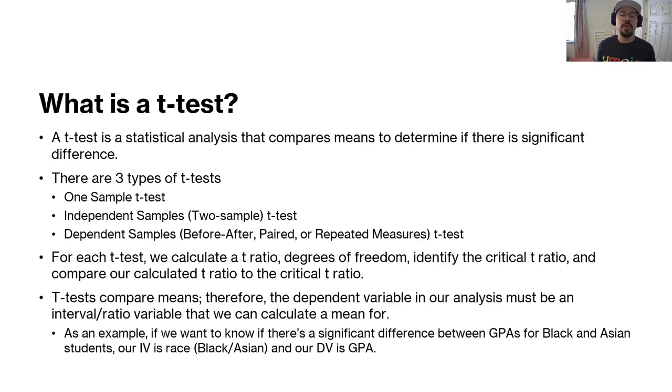That's the variable that we are able to categorize or group our participants by, and our dependent variable, DV, is going to be GPA. We can calculate a GPA mean. We can collect a bunch of different GPAs from students, add those all together, divide by however many there are, and determine what an average GPA is. And so in that case, our dependent variable is something that we can calculate a mean for, which is a necessary component of conducting a t-test.